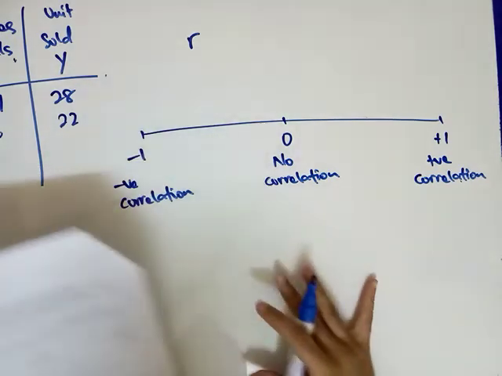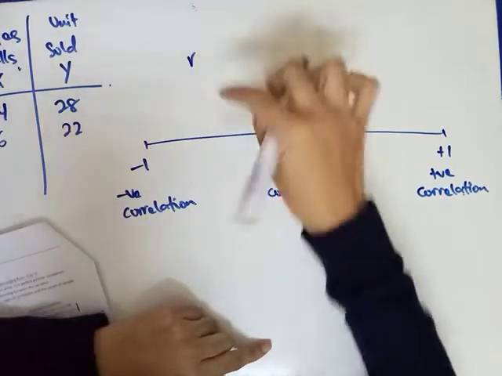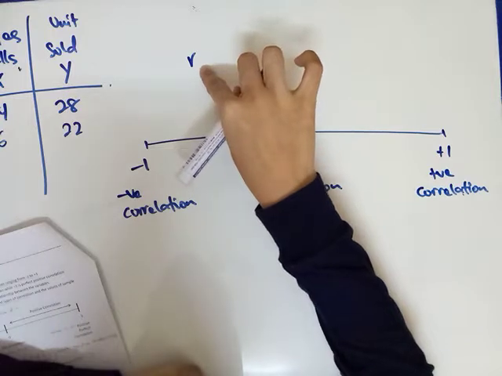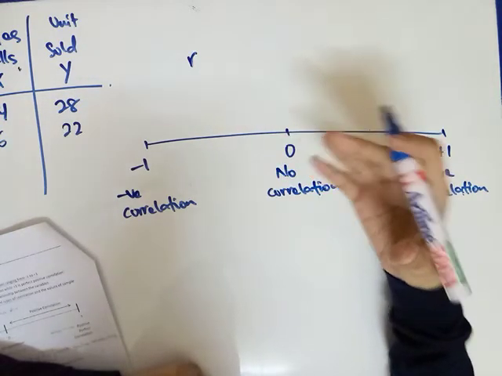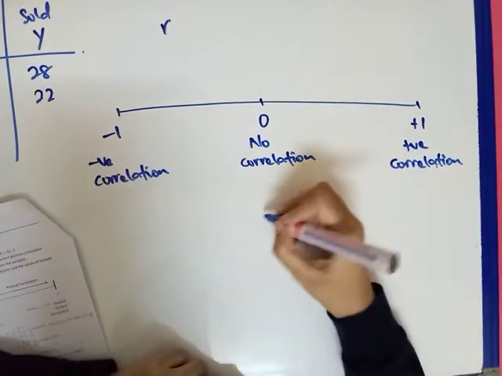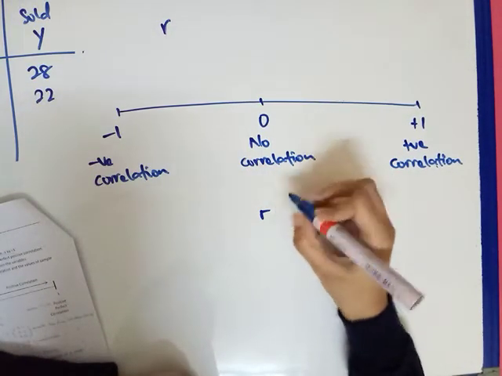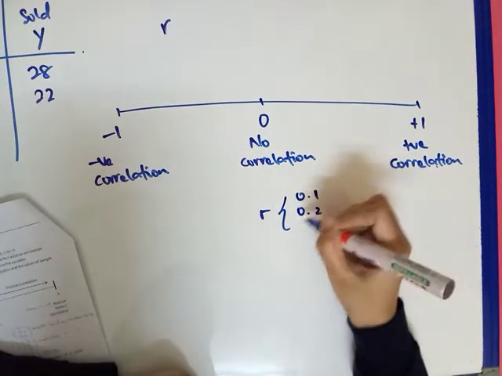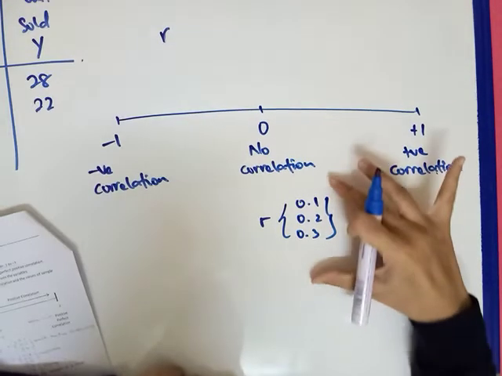Okay, so now we need to find out, we need to measure the correlation coefficient with symbol R there. Let's say we calculate the value R. If we get the value R in between 0.1, 0.2, 0.3, yang ni saya just nak explain dulu.